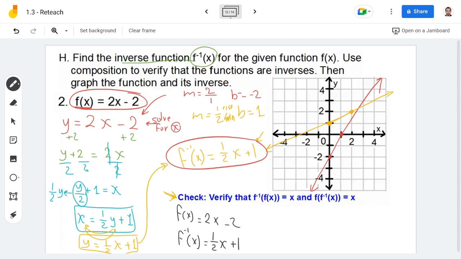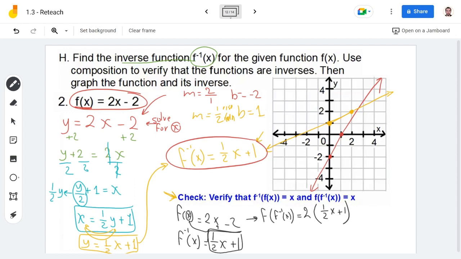As you can see, we have 2 equations. To verify, we need to replace the x here with the inverse function. So my function will be f of the inverse of x, which is equal to 2 times (1/2 x plus 1).